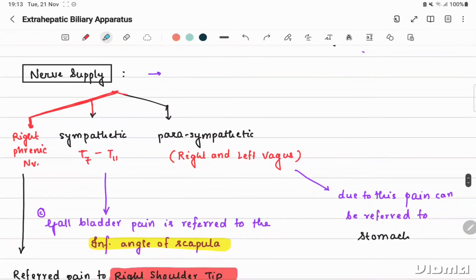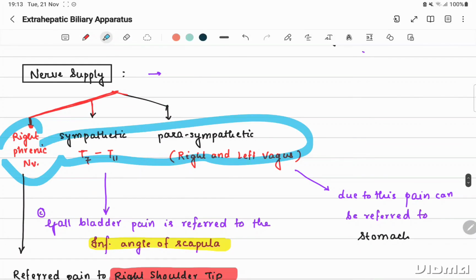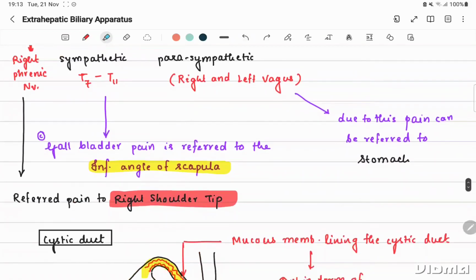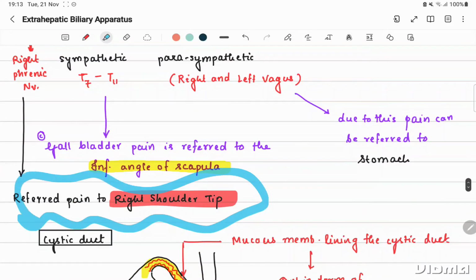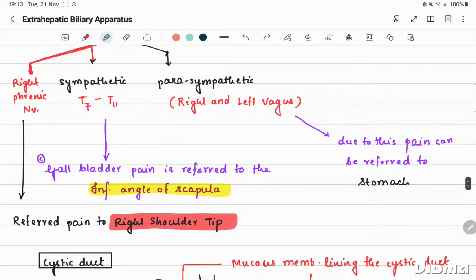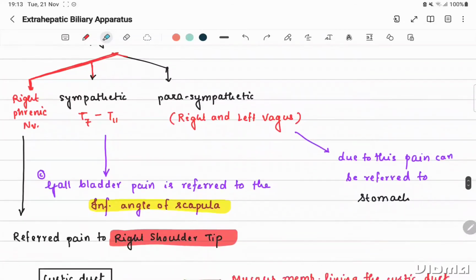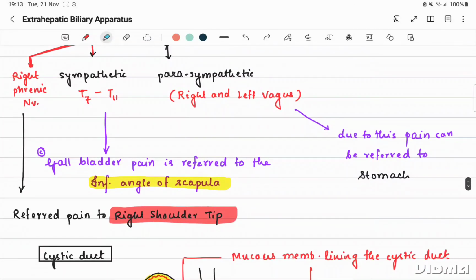The nerve supply is by the right phrenic nerve, sympathetic nerves, and parasympathetic nerves. The right phrenic nerve refers pain to the right shoulder tip, because when there is a problem like enlargement or cholecystitis, it will irritate your diaphragm, and the referred pain will go to the right shoulder tip.